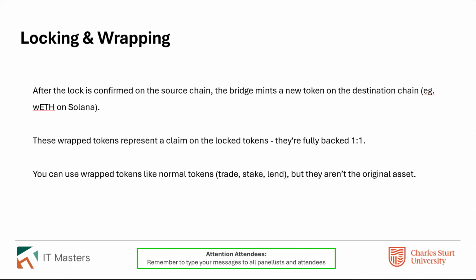These wrapped tokens represent a claim on the locked tokens, and it's fully backed one-to-one. So if you transfer 10, you get 10. Obviously there are different situations, but that's 99% of the cases. And you get 10 tokens that represent the locked value back on Ethereum.